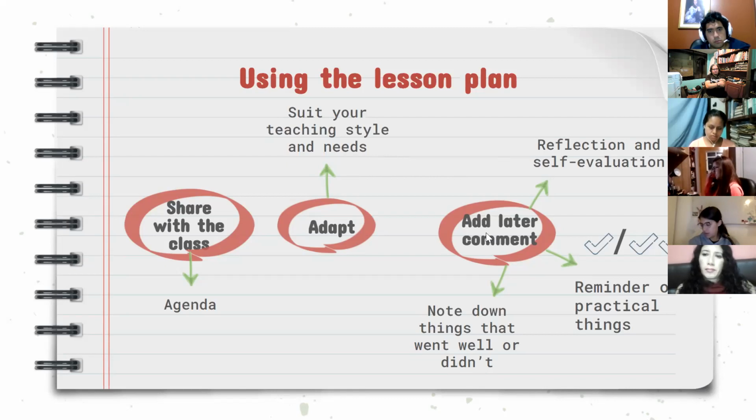And finally, here, the later comment: you can use it to note down things that went well or things that didn't work in your lesson. It helps you to reflect and self-evaluate the techniques and the activities that you use. Some activities sometimes don't work, and you shouldn't include them in the next lesson.